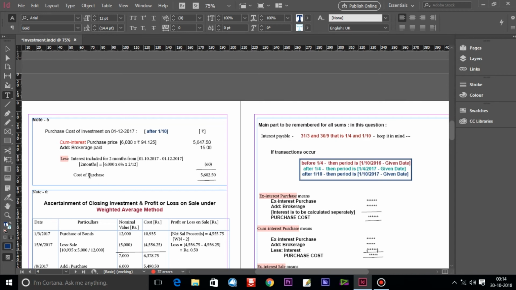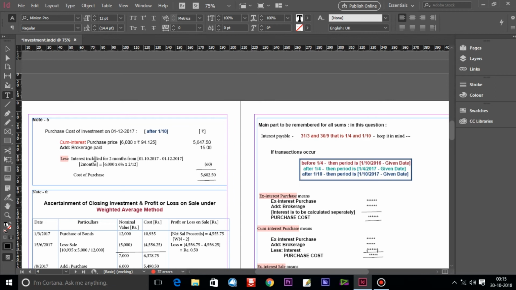So in case of cum interest, you have to deduct interest and add brokerage, and we are getting this amount 5,602.50.